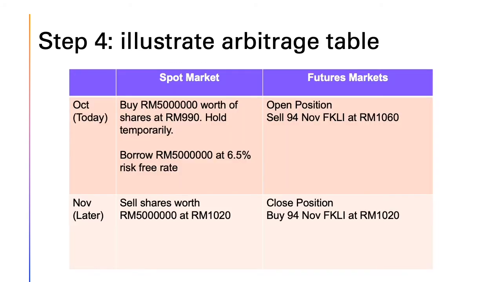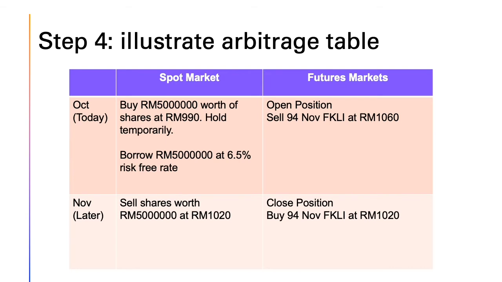Step number 4, you need to prepare your arbitrage table. So arbitrage table, we have 2 columns. The first column represents your transaction in the spot market, and the second column represents your transaction in futures market. So in arbitrage table, you need to put in detail all your transaction for your arbitrage strategy. So today in October, you buy 5 million of shares at price 990.